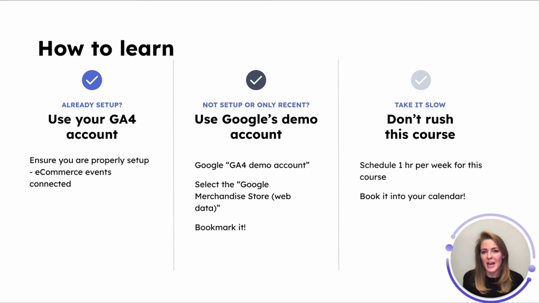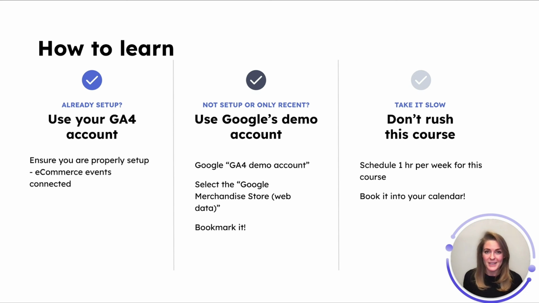And then finally, I really recommend you take this course slowly. I know it's really tempting when you buy a brand new online course to just smash it out. But what I've really found is that the slower you go and the more time you take to actually analyze your own data at the same time, the more the concepts will actually sink in. I really recommend scheduling just 1 hour per week for this course.